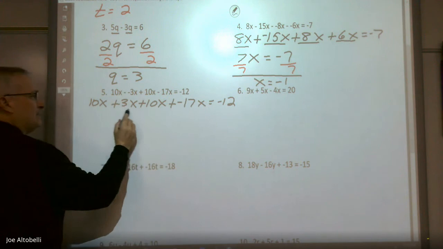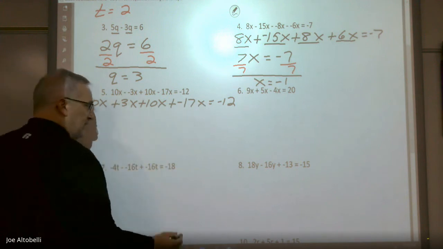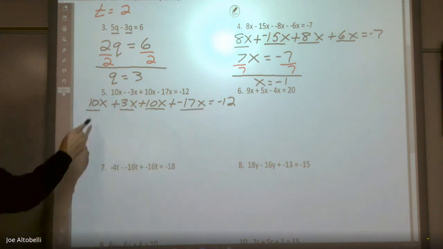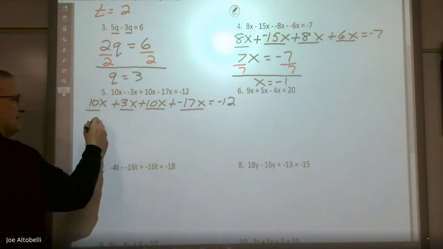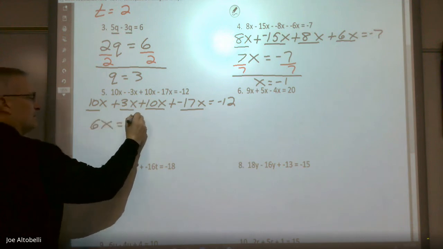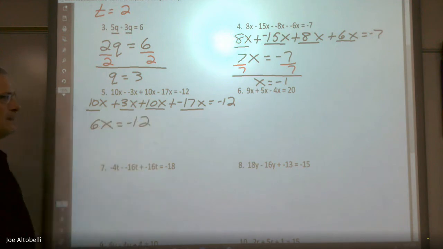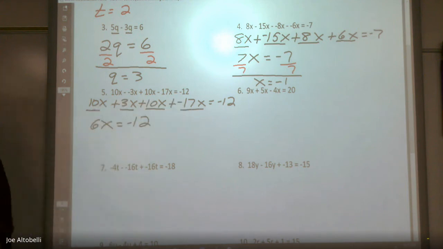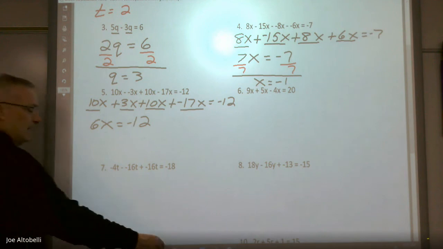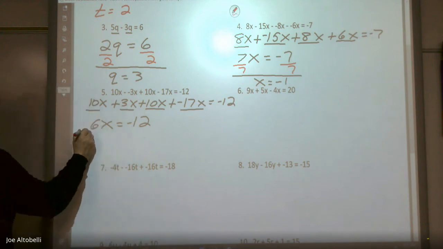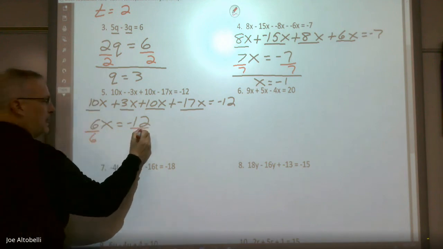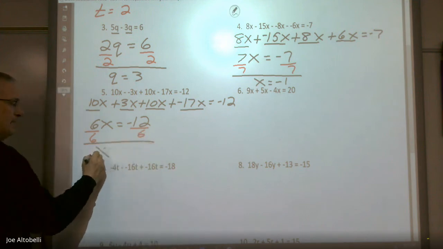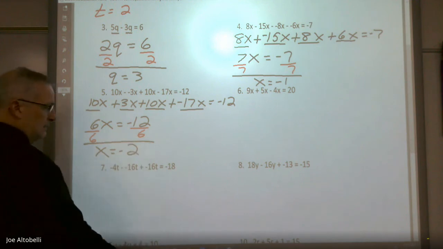Again, these are all like terms, so I can combine all of them together into one term. 23 minus 17 is 6x. When you combine all this together, you should get 6x equals negative 12. And then to undo multiplying by 6, we divide by 6. And we get x equals a negative 2.